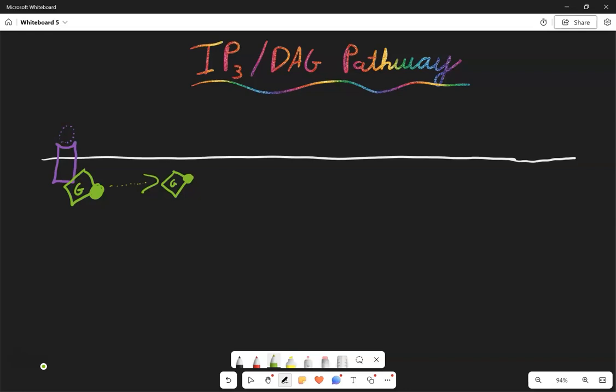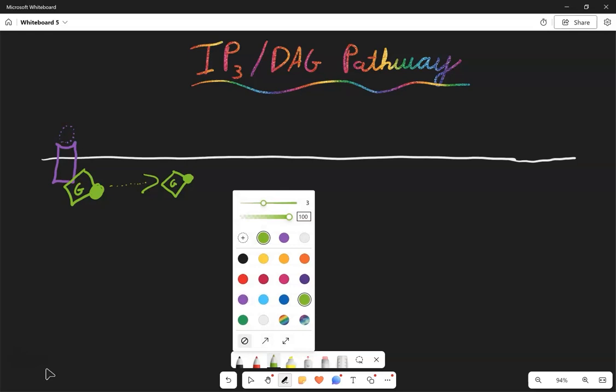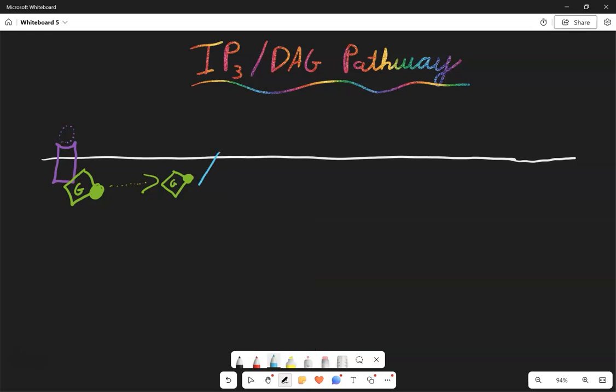All right, and it is going to go over and interact with an enzyme known as phospholipase. I'm just going to abbreviate that PL, but I'll put it up here.